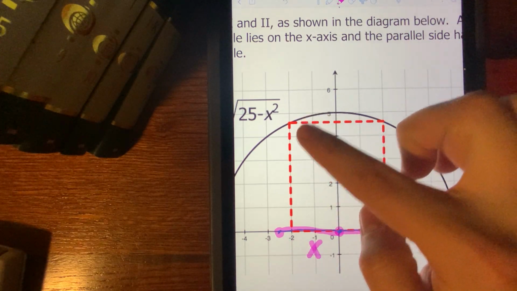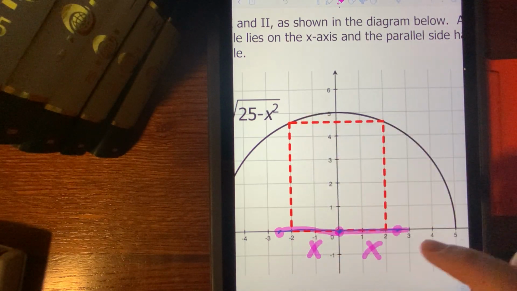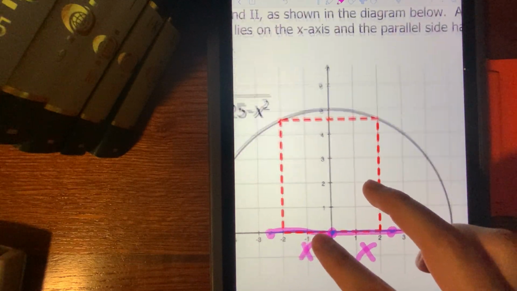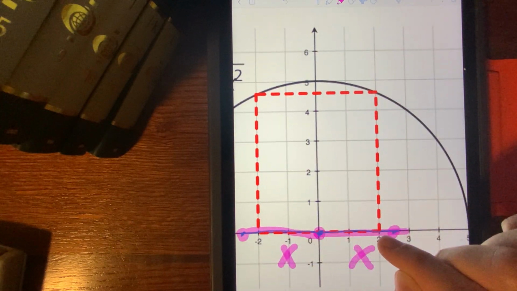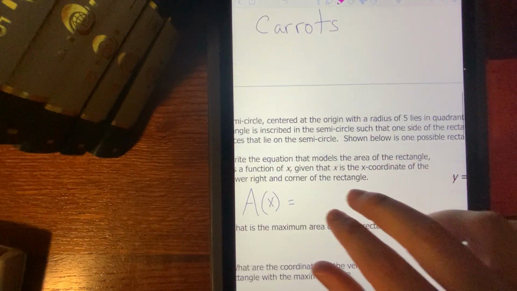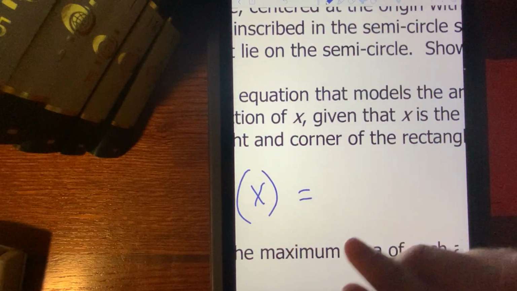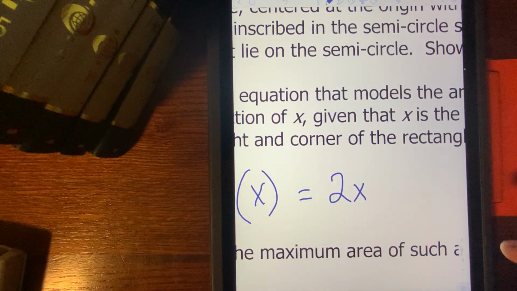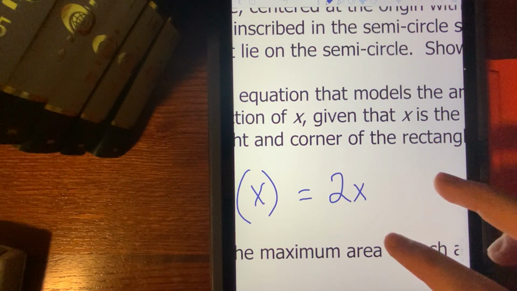So don't get caught up in the example they give you and say it's 4 or something. It's 2x in general, because in this red one, the x is 2, so 2 times 2 is 4. (2x), that's my width.